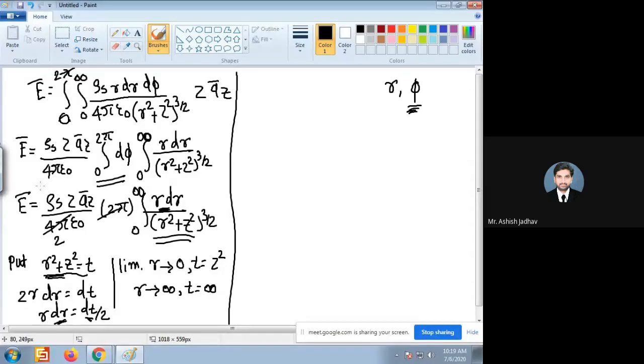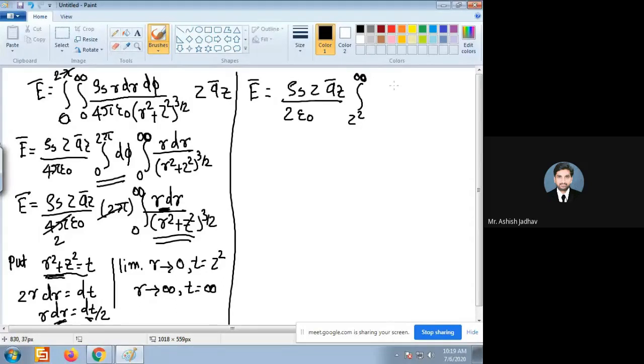Now by putting the values into the expression, E bar is equal to rho s z a bar z upon 2 epsilon naught into integration z square to infinity.